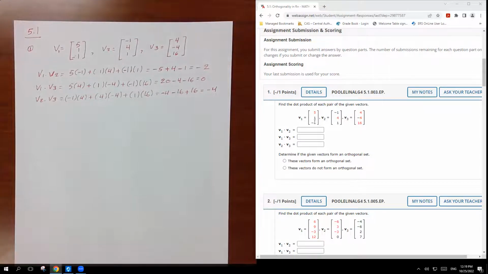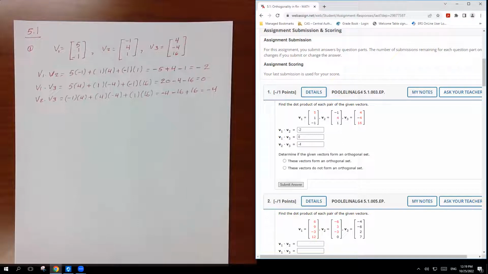So this is just the dot product. Let's check that first. This is -2, and the second one is 0, and the third one is -4.